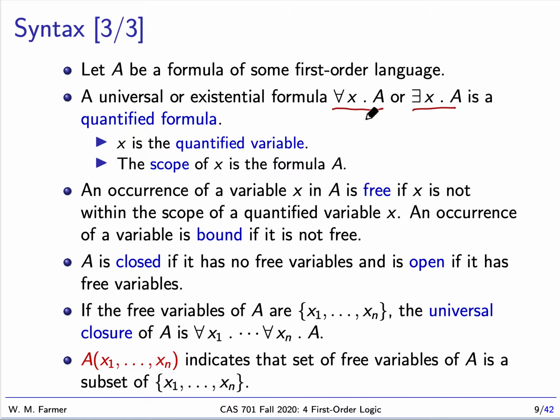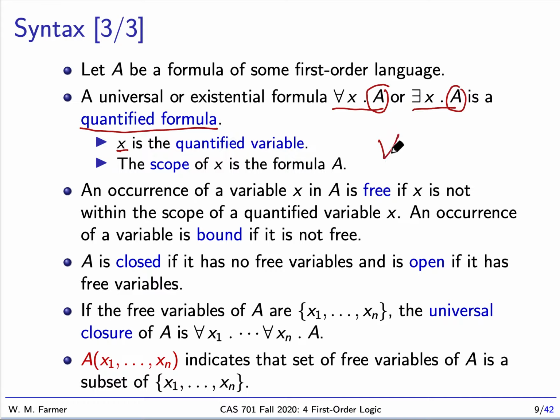So a universal or existential formula is called a quantified formula. x is the quantified variable, and the scope of x is A. So the scope of x in both of these is A. A is a formula. It can include the variable x. Now we'll say an occurrence of x in A is free if x is not in the scope of a quantified variable x.